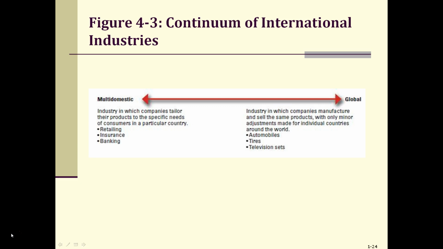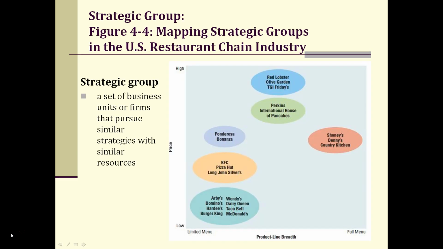The next figure is actually a mapping of strategic groups in the US restaurant chain industry. So a strategic group is a set of business units or firms that pursue similar strategies with similar resources.